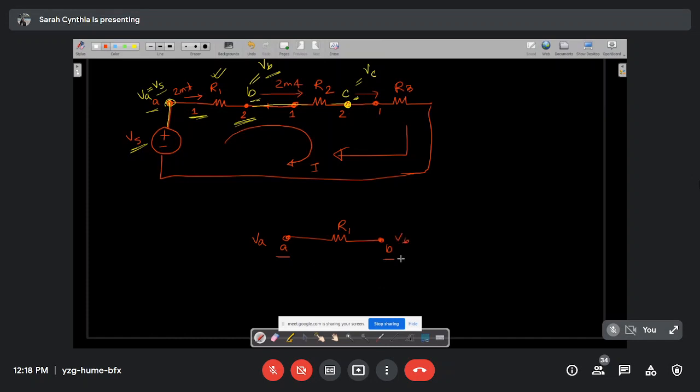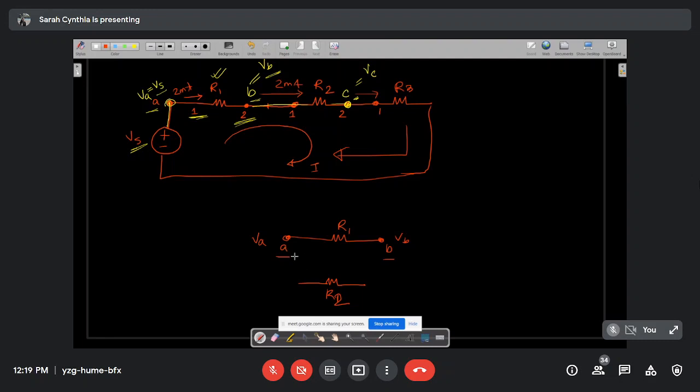Now, how do we connect another resistance, such as R2, in parallel with it? In parallel circuits, we have to make sure that both the resistors will be connected to the same terminals or the same nodes.